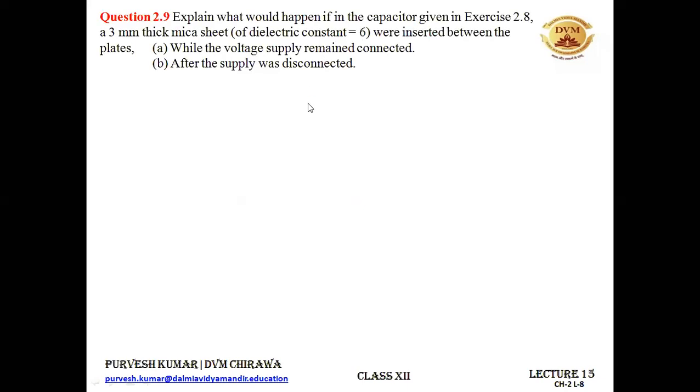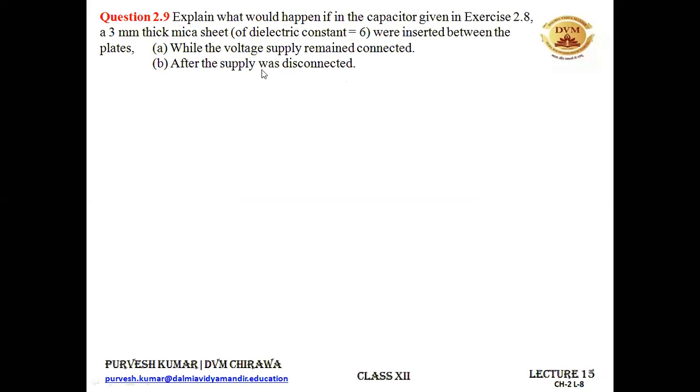Now let's figure out what will happen if we insert the dielectric slab after disconnecting the battery. All right. So what we have done is we have taken the parallel plate capacitor, connected it to a supply voltage of 100 volt, and now we have disconnected this voltage. So now the capacitor is charged and the battery is disconnected.